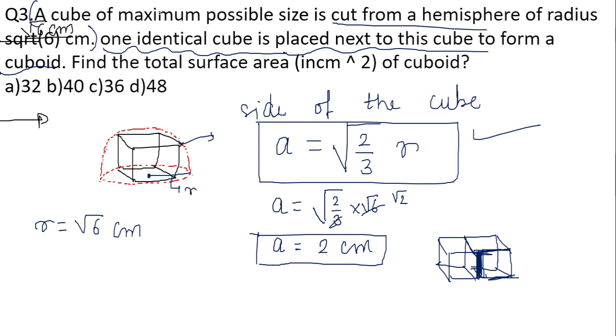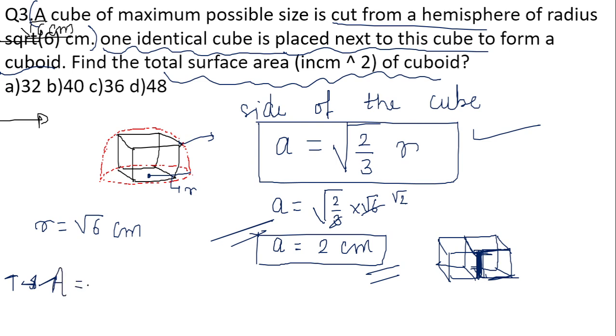So now they are asking us to find the total surface area in centimeter square of the cuboid. We got the side. Now we have to find the total surface area of the cuboid. To find the total surface area of the cuboid, there is a formula. Formula is twice of LB plus BH plus LH.